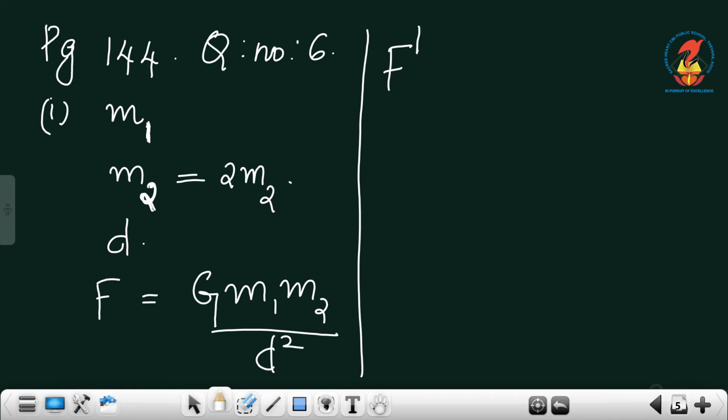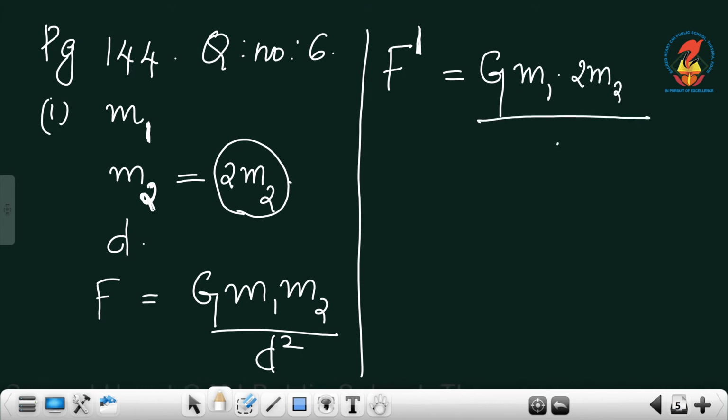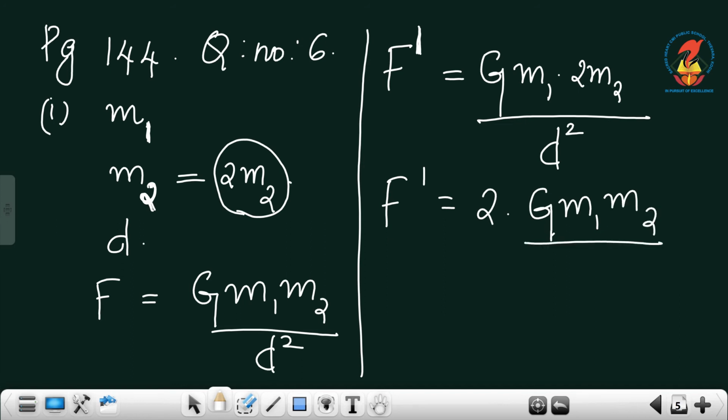Let the new force be F dash, which is equal to G, m1 is the same, instead of m2 we have 2m2, divided by the distance of separation, d square. Taking the 2 outside, F dash is equal to 2 into G m1 m2 by d square.